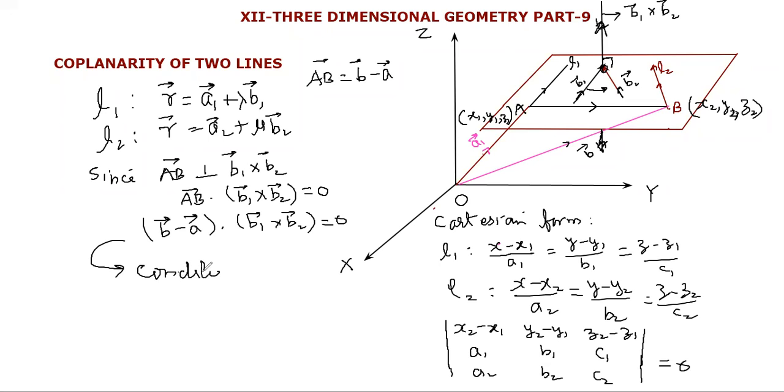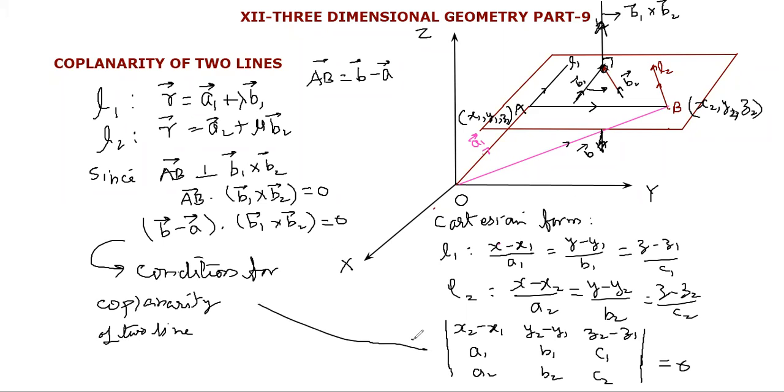So this is the condition for coplanarity of two lines in vector form and in Cartesian form. Whenever we have to show that two lines are coplanar, we just apply this formula. If it is in vector form, we apply this formula and get 0, which proves that the lines are lying on the same plane.